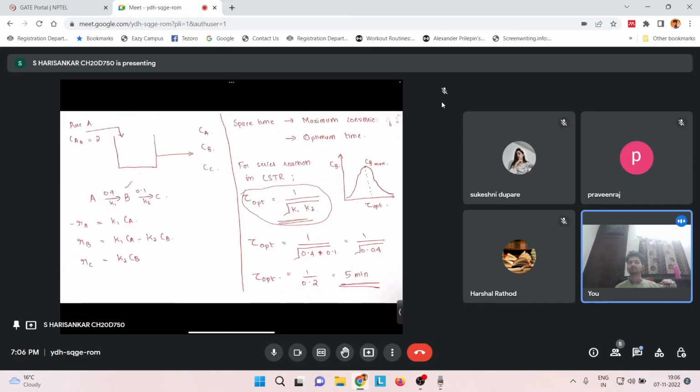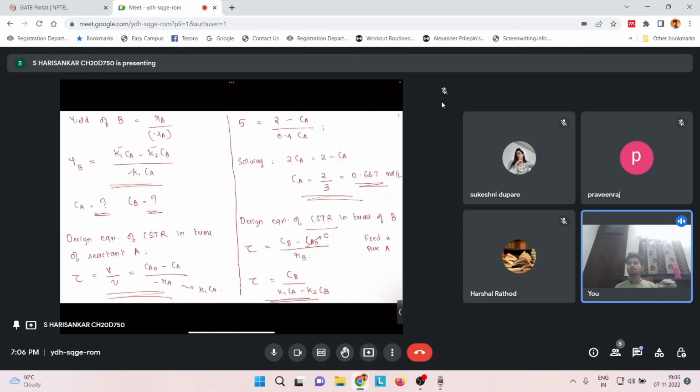So we can first find tau using the optimum time formula, tau optimum is equal to 1 by root of K1 K2, and we can find the tau optimum here as 5 minutes. Now we have all the tools required to apply the design equations to find the concentration of A, Ca, and concentration of B, Cb.